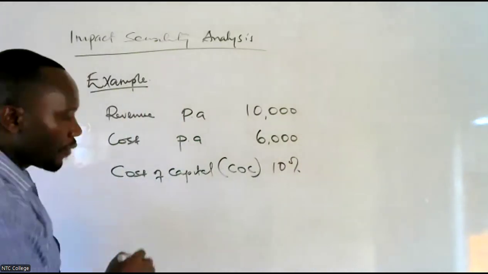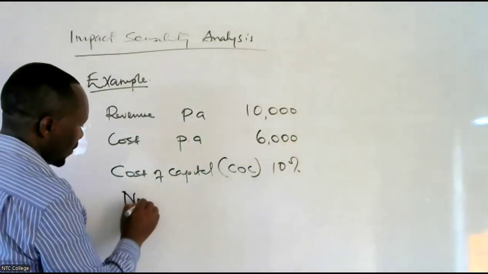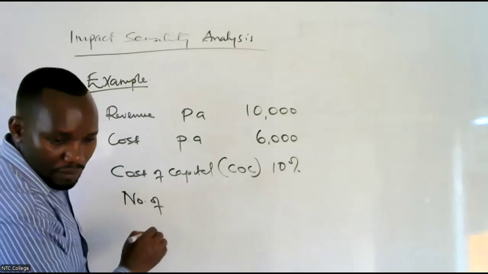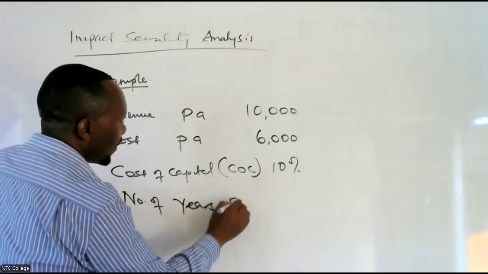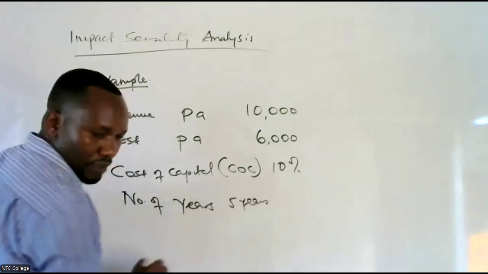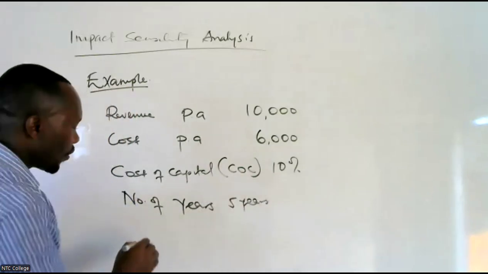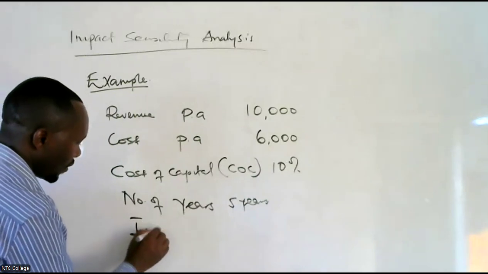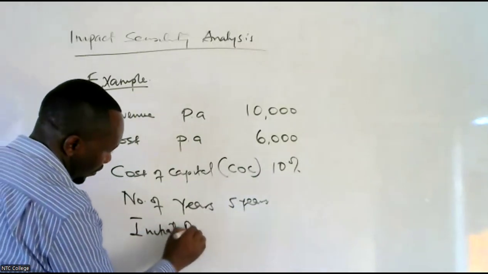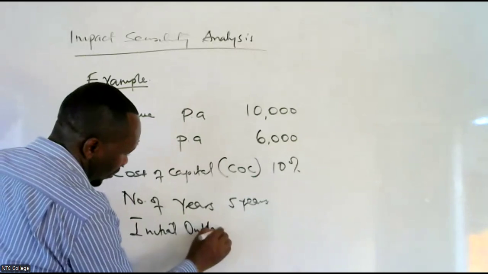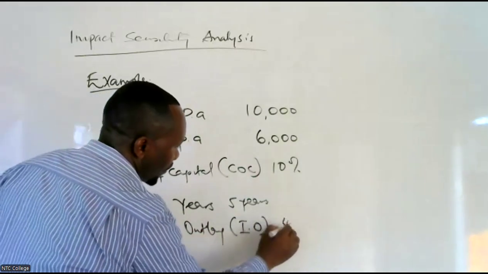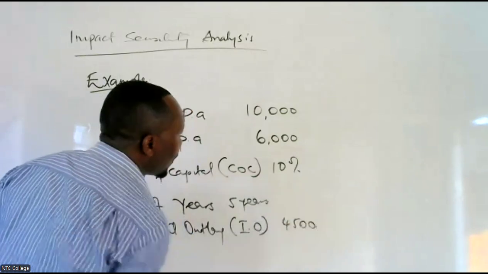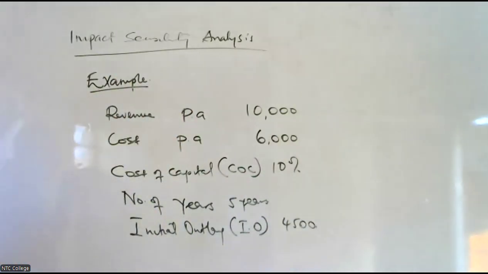Then you are given the number of years, which is 5 years. And then you have initial outlay, which we call IO, as 4,500.